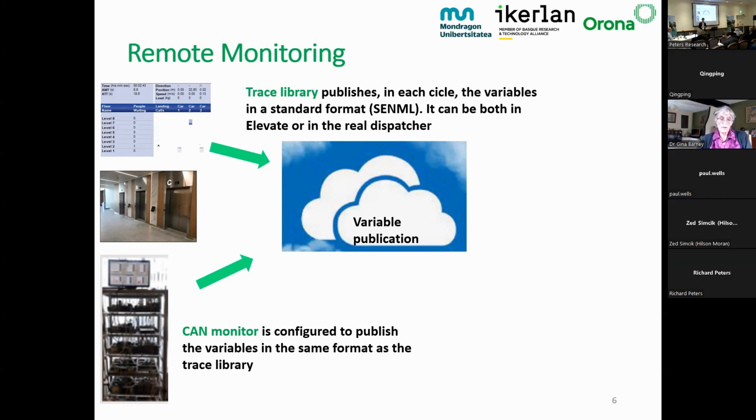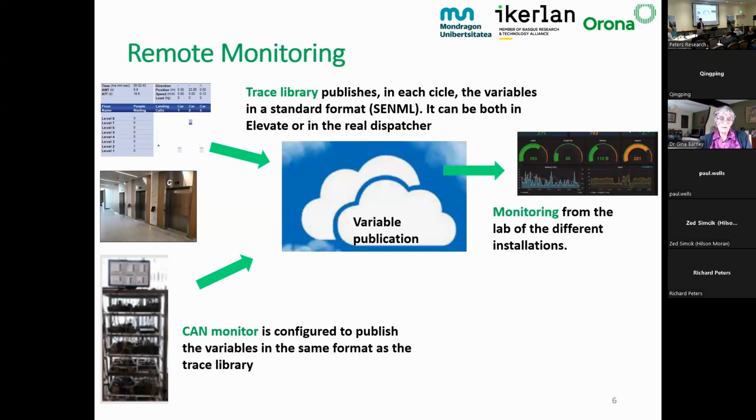We do the same with a CAN monitor in Orona. The communication protocol that is standardized to communicate among the different CPUs is CAN. So we developed a small monitor that can read the different data frames and publish in the same format through MQTT in the cloud.